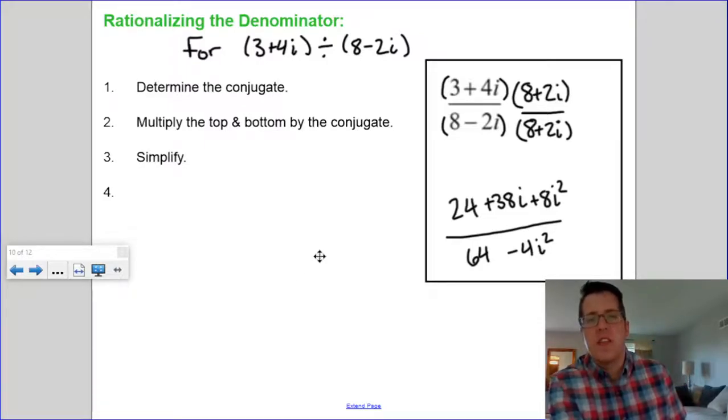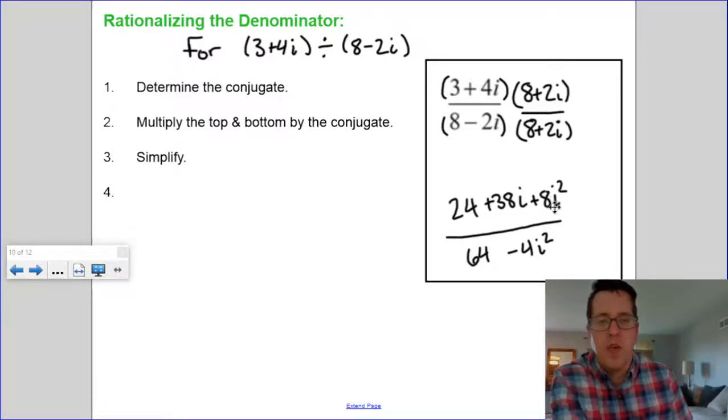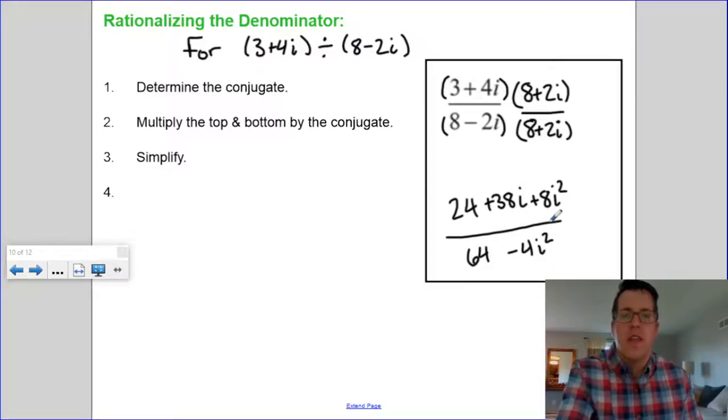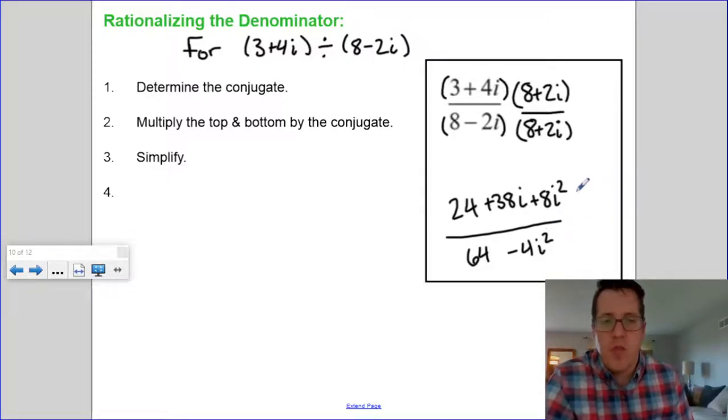Now, after I do this, I need to simplify. So for example, remember once again that this 8i squared really counts as negative 8. So that would give us 16 plus 38i in the numerator and 68 in the denominator.